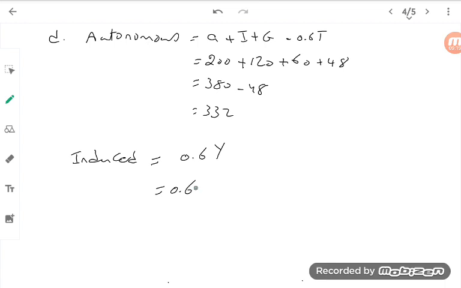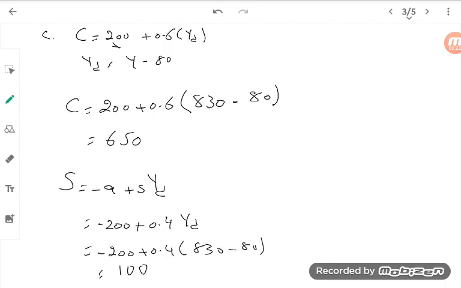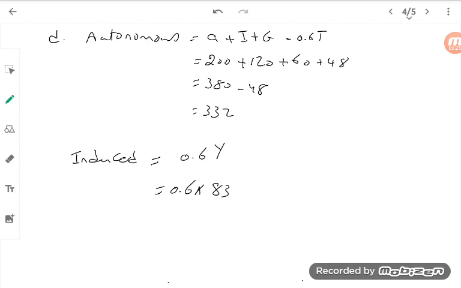So it's 0.6 multiplied by equilibrium, which was 830, so 498. If you add 498 plus 332, you will find the total aggregate expenditure at equilibrium, which is 830.